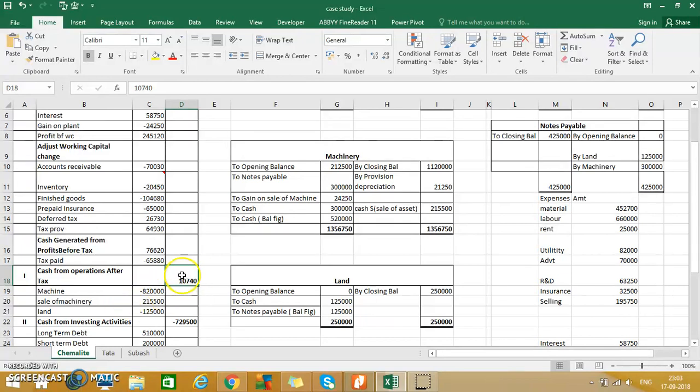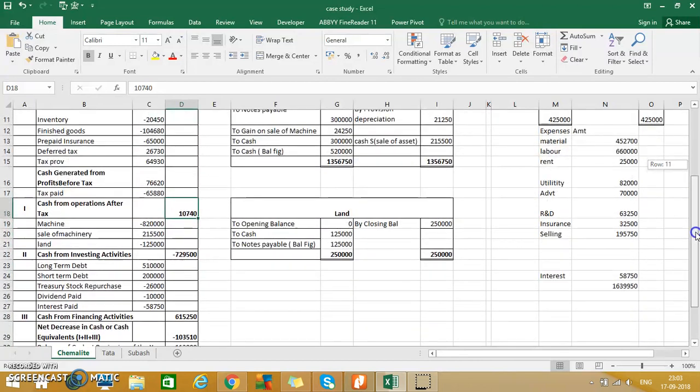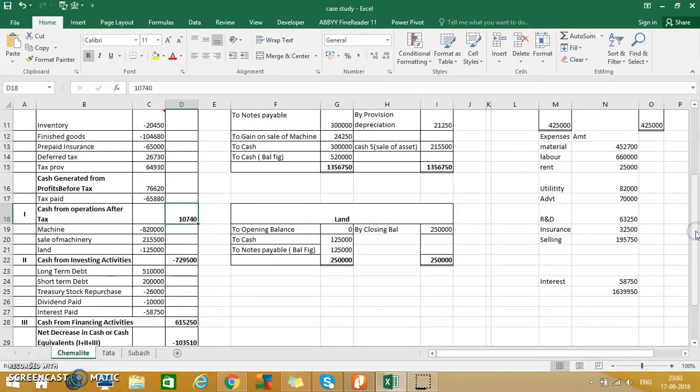That is, the cash operating profit is far less than what has been reported as the profit of the organization. The profit seems very good, but the cash generated from operating activities seems to be only 10% of the profit shown. This is what happens when there are more non-cash activities happening.